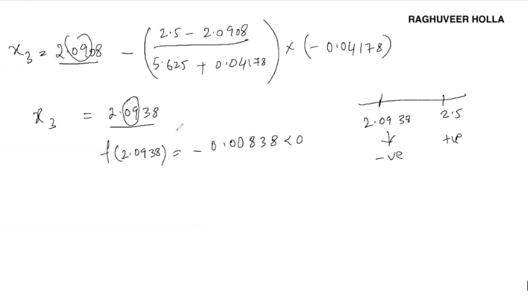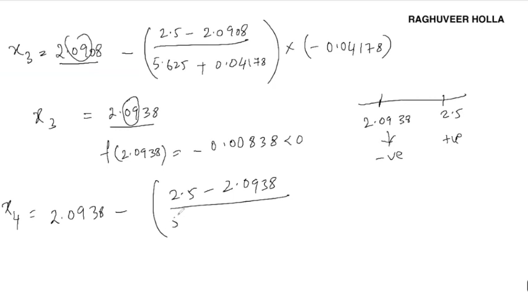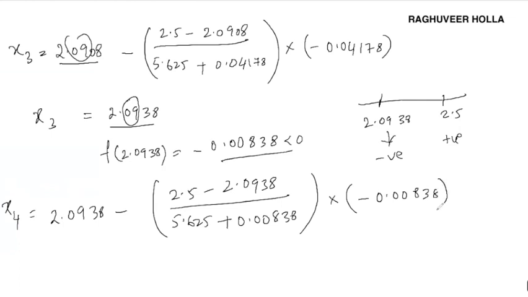So let us find x4. This is 2.0938 minus (2.5 minus 2.0938) divided by (5.625 plus 0.00838), and this multiplied into this value, which is negative 0.00838.